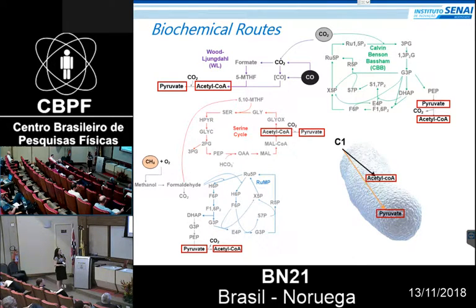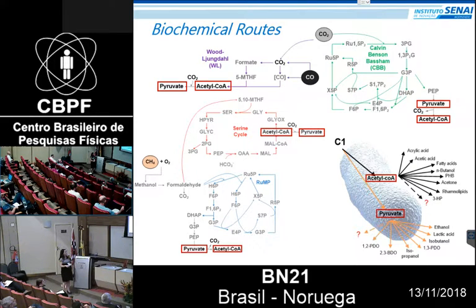So we use this as a strategy to get versatile microbes, microbes that you can use to produce more than one chemical. For instance, from acetyl-CoA you can get these chemicals, and from pyruvate you can get this. So it's an interesting strategy to reduce the costs of development in the research.